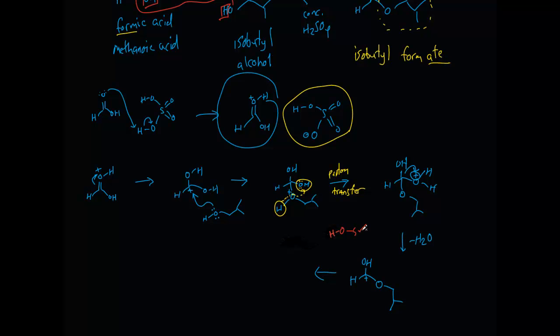This is double bond O. The O minus is going to grab that proton there, and that negative charge is going to go down here. So what you wind up with is your final product.